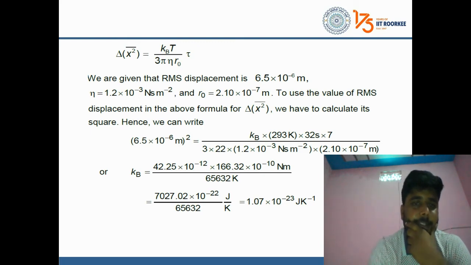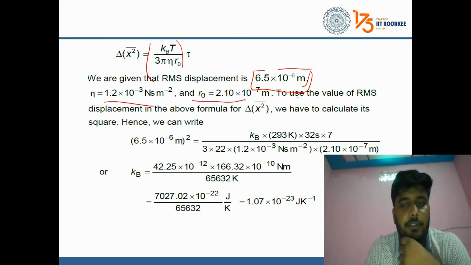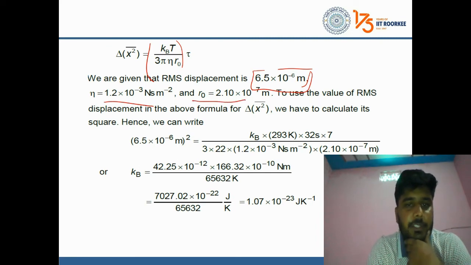Okay, so this is the formula, and we are given the RMS displacement this value. Eta we are also given, R naught value is also given. To use the value of RMS displacement in above formula, we have to calculate its square to remove the under root value.